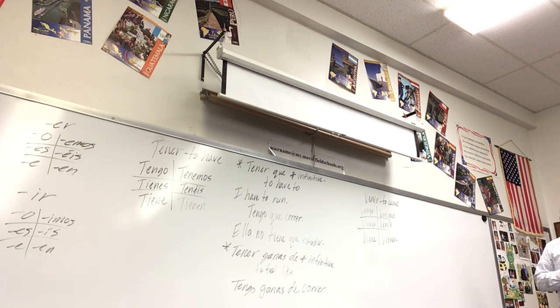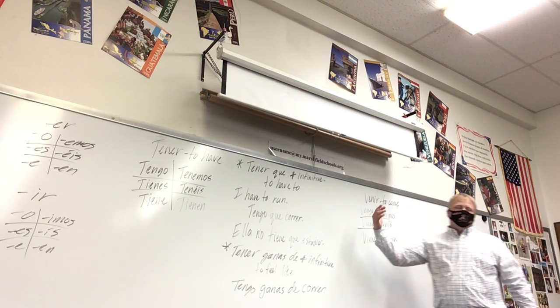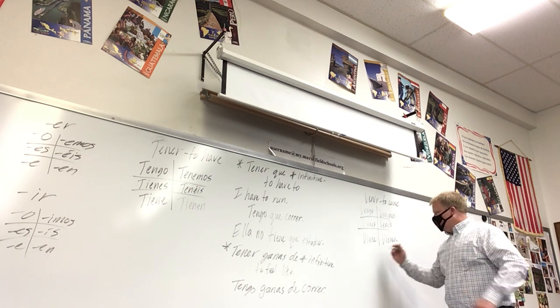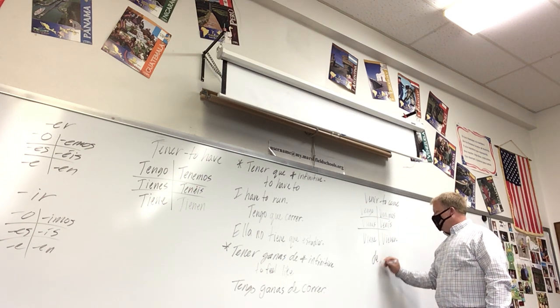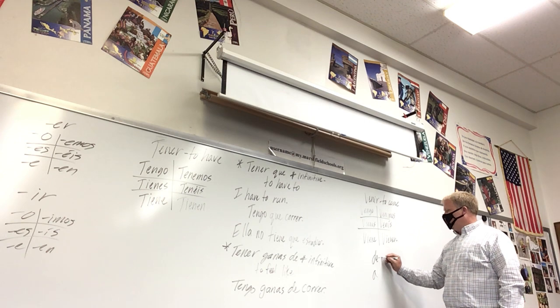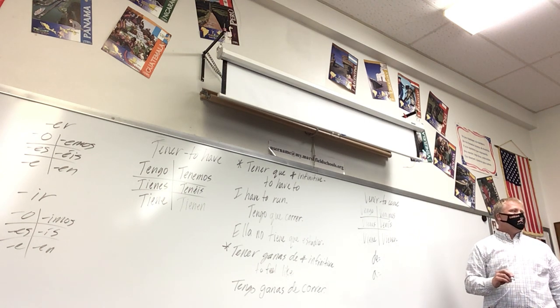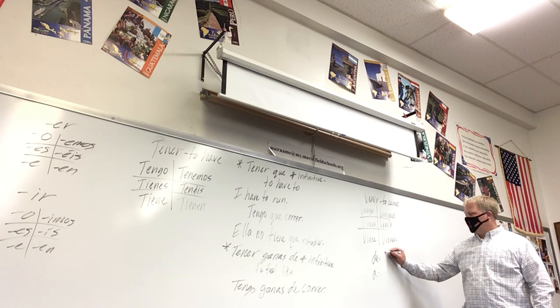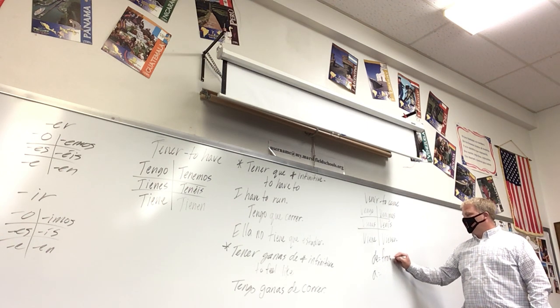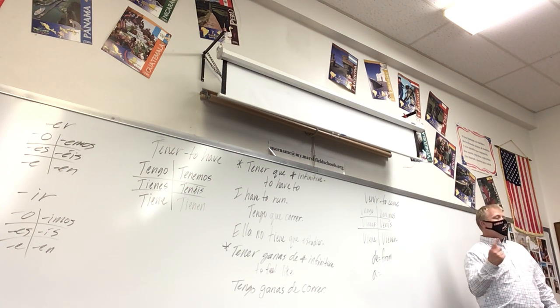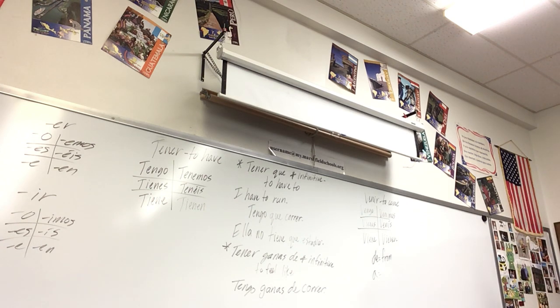See? So when you use the verb venir, to come, you typically use one of these prepositions, de or a. What does de mean? From. So I might say, vengo de la cafetería. Vengo del gimnasio. Vengo del laboratorio.